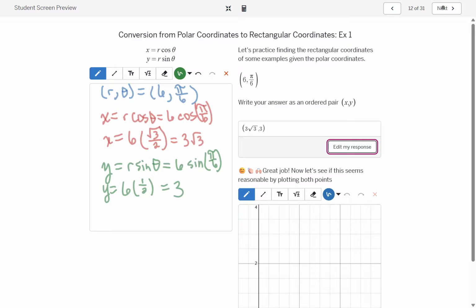I can't tell if that's some square root of 2 number or some square root of 3 number. So I take out the times 6. The cosine of pi over 6 on its own is 0.866. So I'd trade that out for square root of 3 over 2. And now I'm doing 6 times the square root of 3 over 2. And if I type that in, it'll give me the same 5.196.